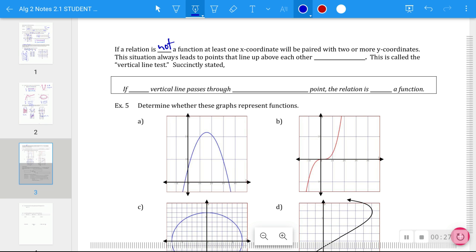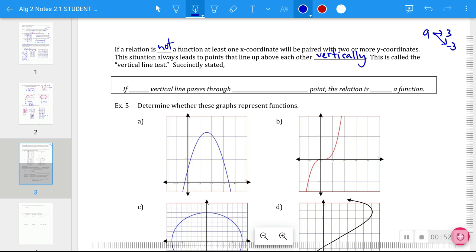If you recall on the last example, we had a 9 paired with a 3, and also paired with a -3. And that's what made it fail. It's not a function. Now, what this does is it puts the points (9, 3) and (9, -3) on the graph, and those will always be located above each other vertically, one above the other.